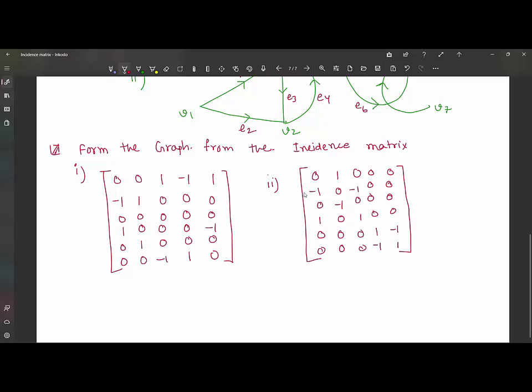Just find the graph from these two. So these are two homework problems.